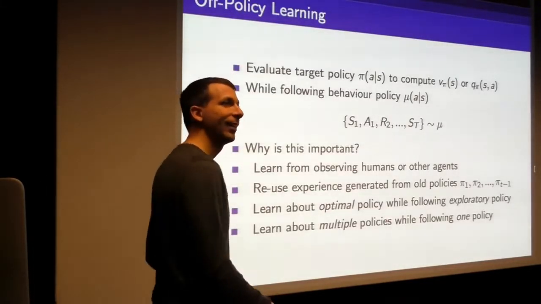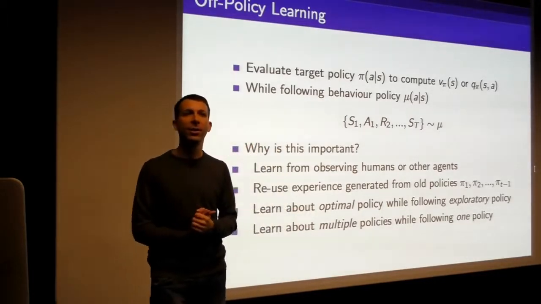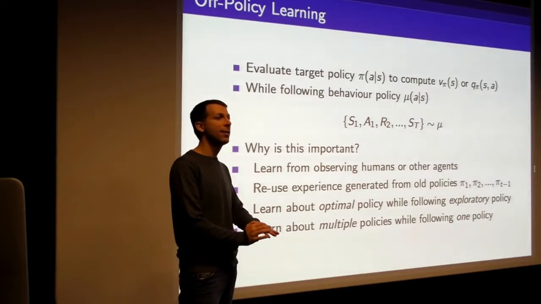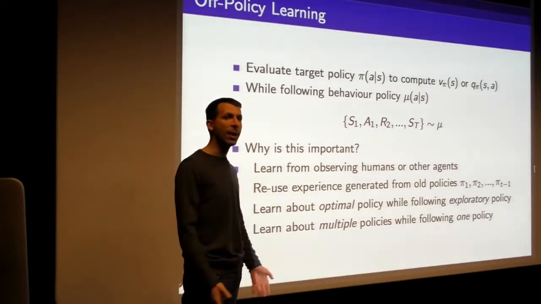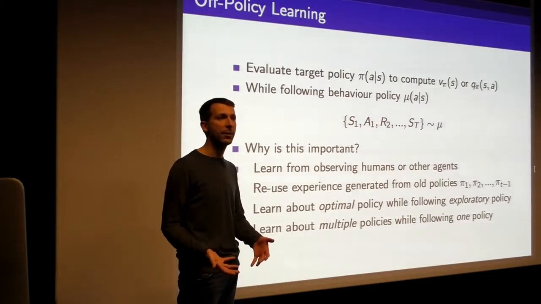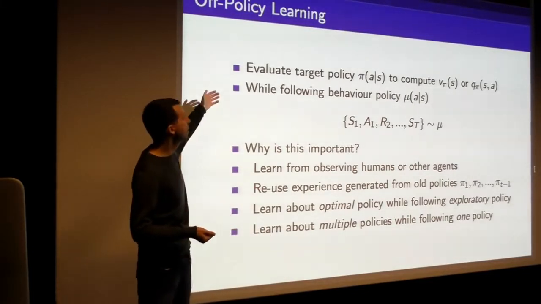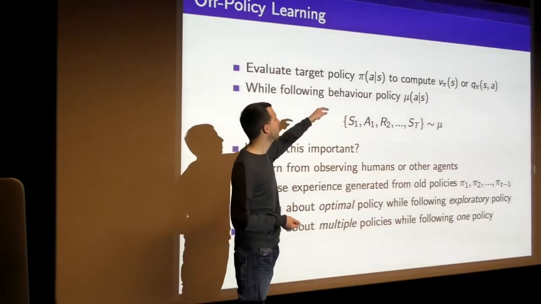Okay, let's change gear a bit. Now we're going to talk about off-policy learning. So everything so far has considered the case of on-policy learning, where the policy which I'm following is the policy that I'm learning about. But there are many cases where we want to consider how to evaluate some other policy while we're following.